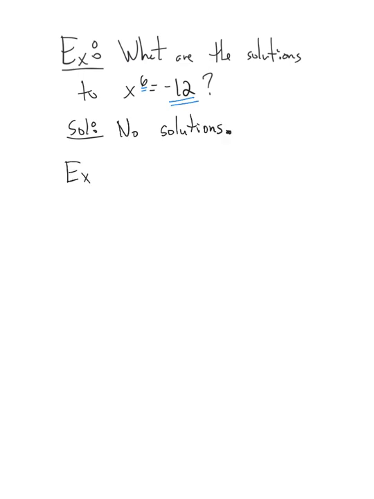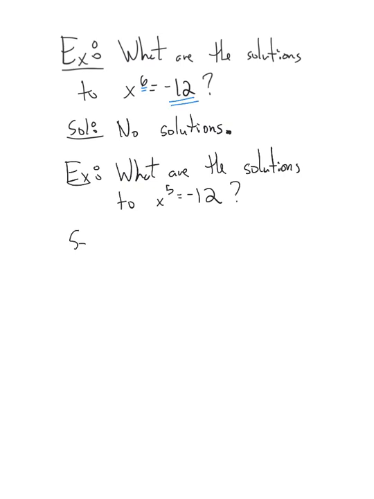And the final example I want to look at is what are the solutions to, let's do x to the 5 equals negative 12. Well, looking at this, we see that the power of x is odd.